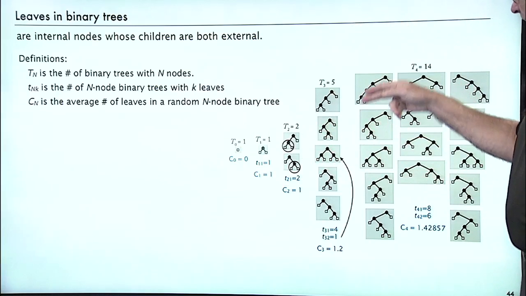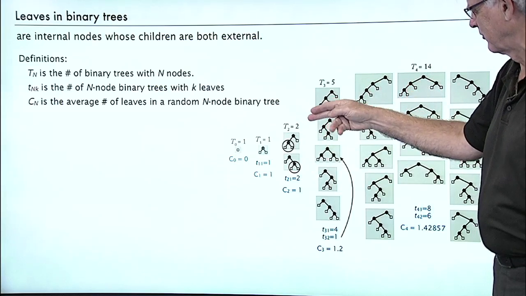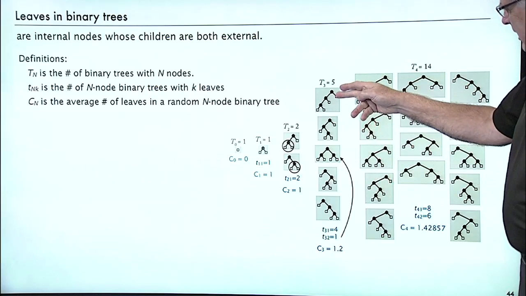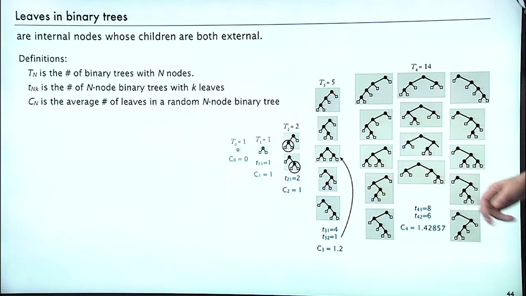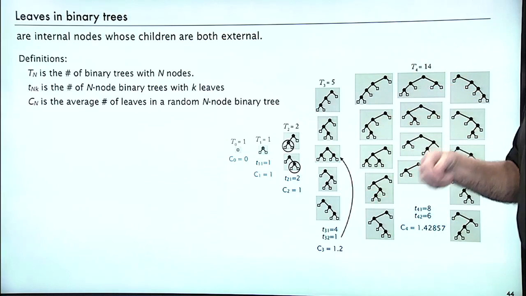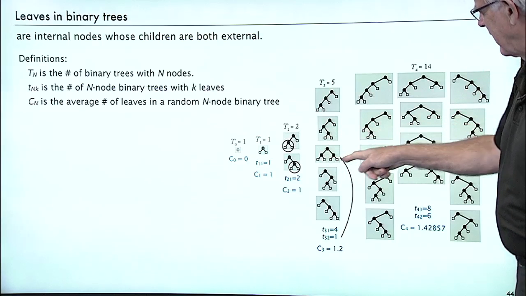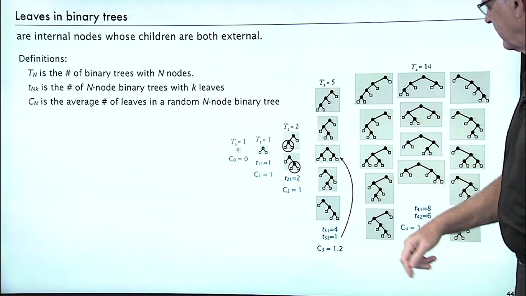And C_n is the average number of leaves in a random n-node binary tree, so that's the ratio of those two, so C_2 equals 1. For 3, there are 4 of them that have one leaf, so T_31 equals 4. The balanced one has 2 leaves, so T_32 equals 1.